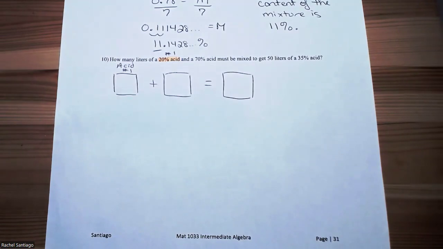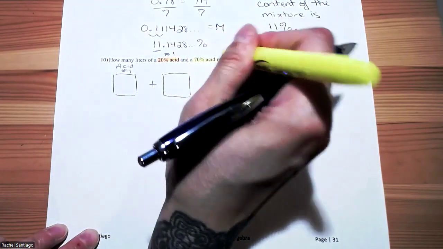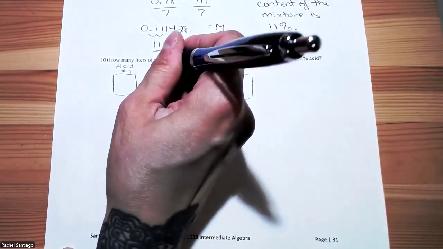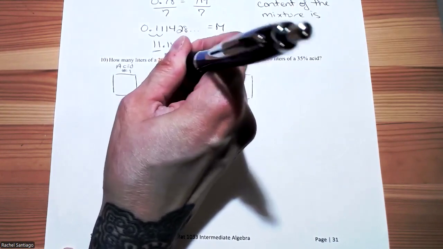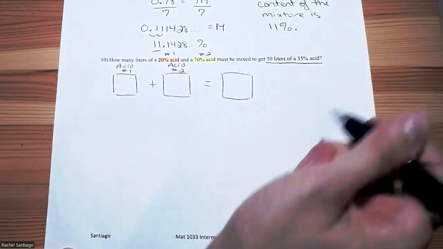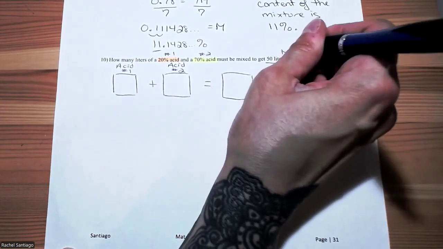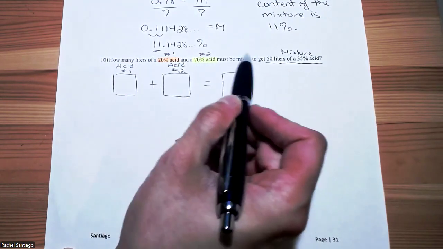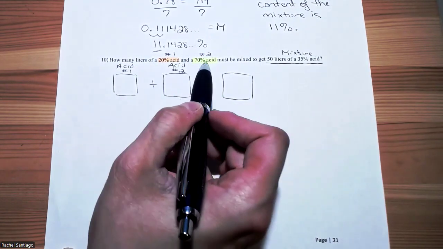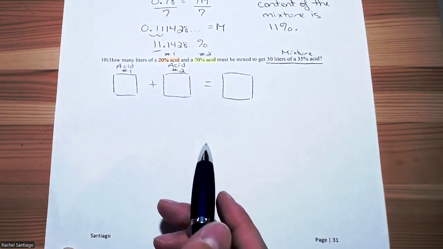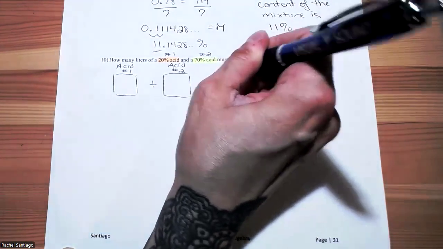And then, of course, we have a 70% acid, so I'm going to call that acid number 2. And we're trying to get 50 liters of a 35% acid. That is definitely our mixture, right? How many liters of this and that must be mixed together? So these two are being mixed together to get 50 liters of a 35% acid. So here's our acid mixture.